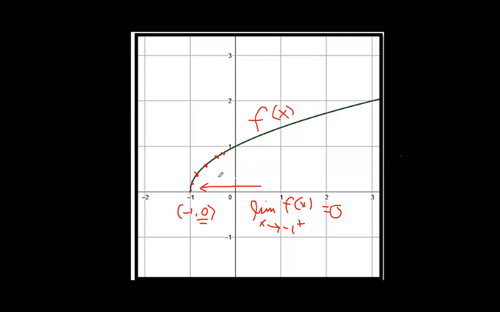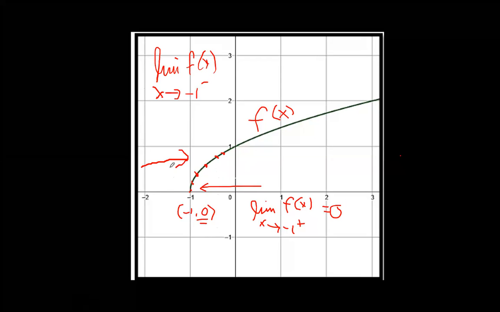Now, if we consider the limit on the other side of the graph, that's the limit of f of x as x approaches -1 from the left of -1, coming from here, going to the right.